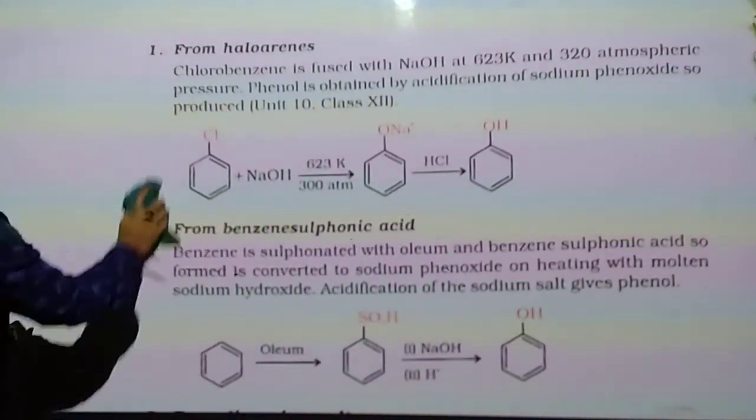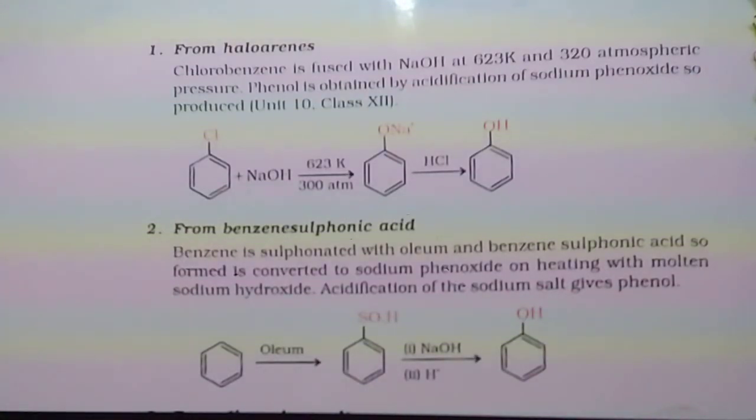First one, from haloarenes. Benzene containing a halogen is called a haloarene. Chlorobenzene is fused with NaOH at 623 Kelvin temperature and 320 atmospheric pressure. Phenol is obtained by acidification of sodium phenoxide.